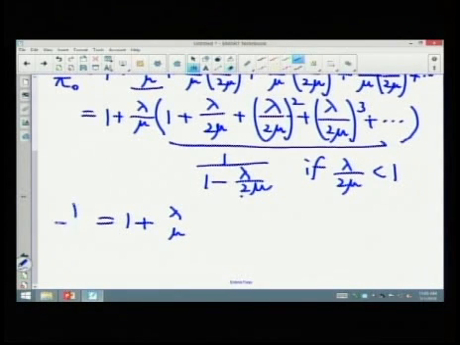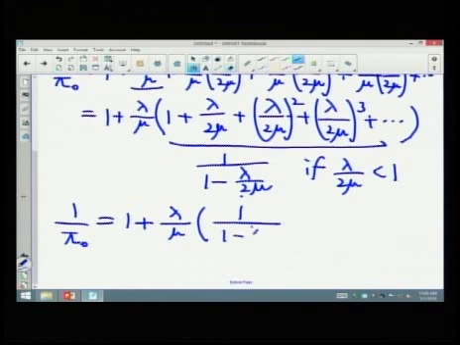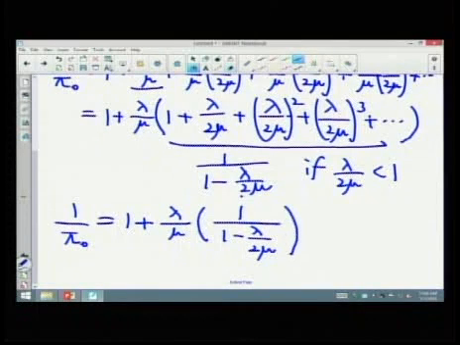So 1 over pi 0 is equal to 1 over 1 minus lambda over 2 mu. Is that right?